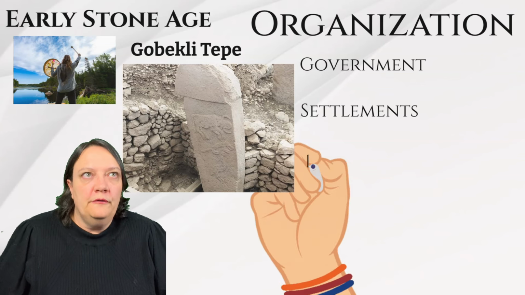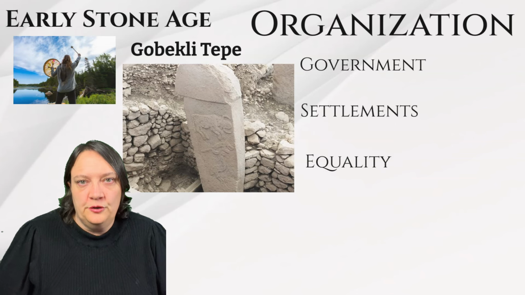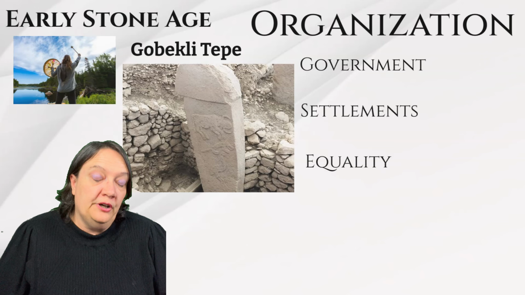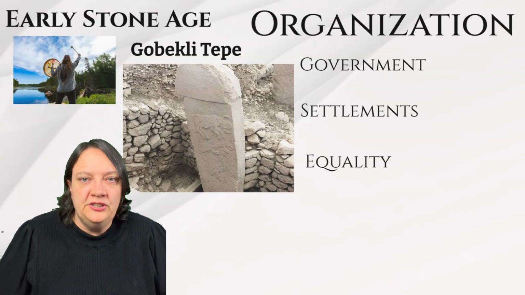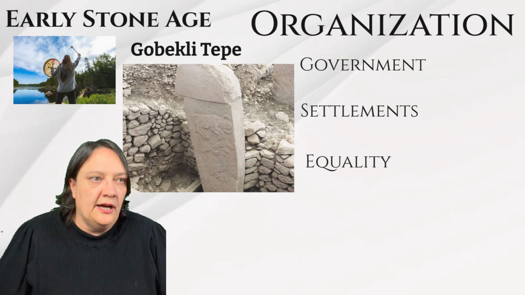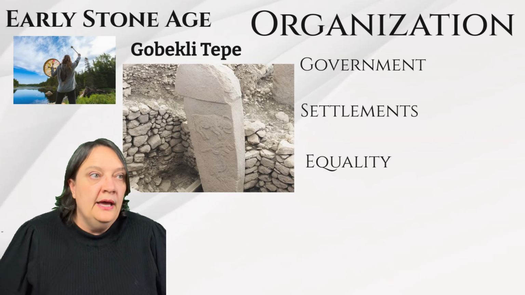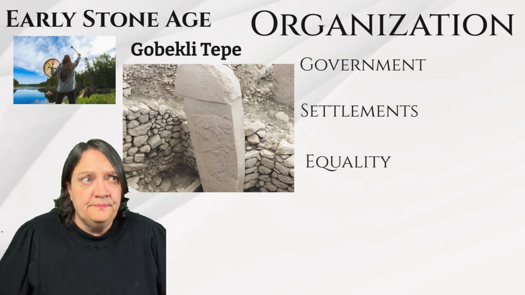In terms of the equality of the society, it is likely that hunter-gatherer societies were pretty egalitarian. We are not sexually very dimorphic as a species, so they probably hunted side by side, women and men. They probably gathered side by side, women and men. They probably shared labor fairly equally between the two sexes.